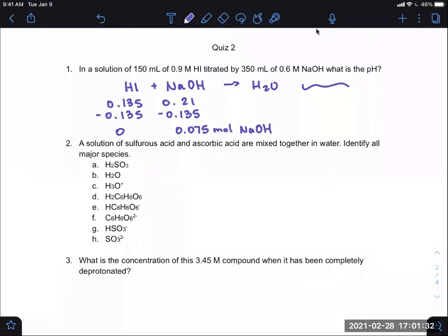And all you need to do is then find the molarity. So we'll do this over our total volume, okay? So we'll do 0.15 liters plus 0.35 liters, and then that will equal our concentration. So when we do that, I'll tell you what the liters are.